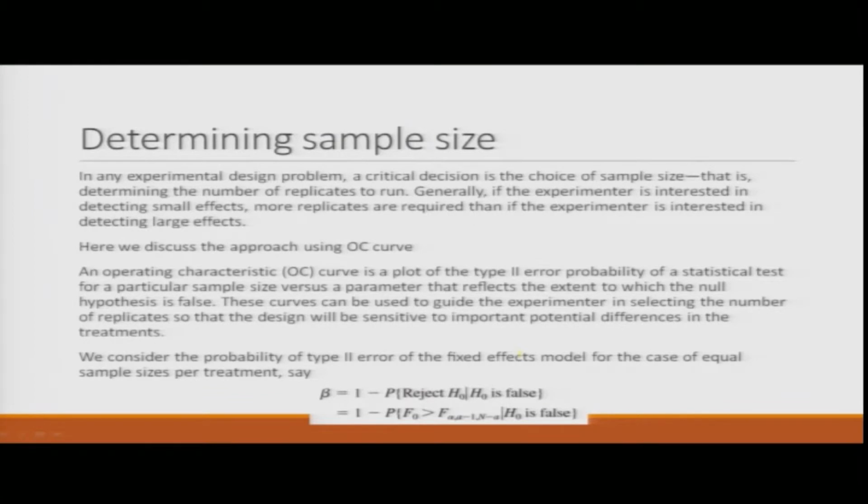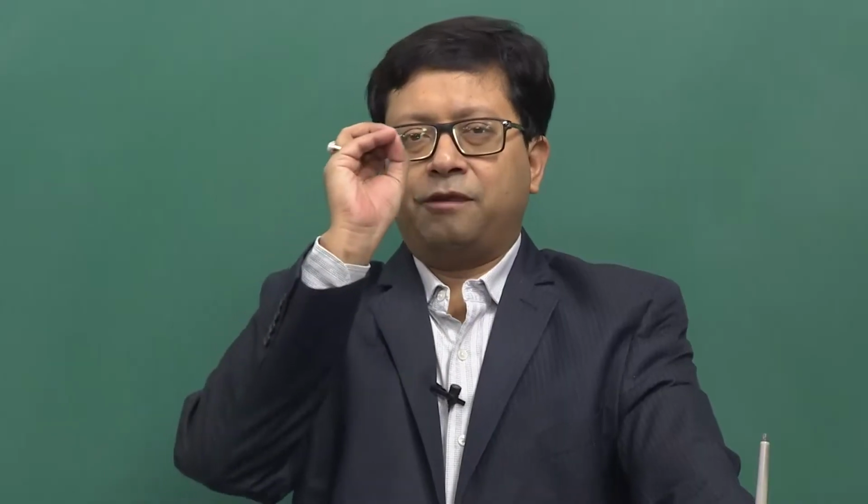So, here beta would be, because it is going in a complementary part, and if you remember the example which I gave, like you are a banker and a manager and you want to disburse loans, obviously you have a cutoff point based on which you will decide whether you want to give the loan or not. So, any set of persons who have 60 credit points and above, you will give the loan, and any set of persons who have scores less than 60, you would deny the loan.